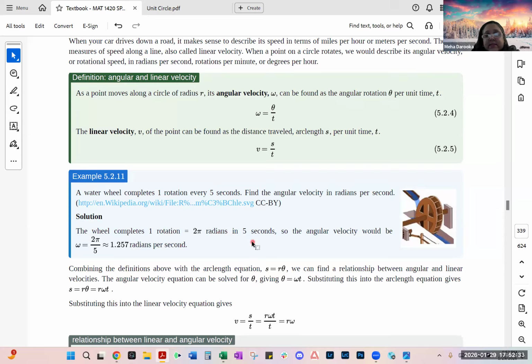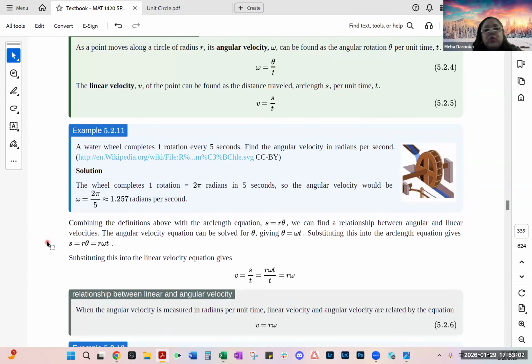They are telling us that the rotation takes 5 seconds, so that's our time. You take 2 pi divided by 5 seconds, and the angular velocity of the wheel is going to be 1.257 radians per second. This is just the speed at which the wheel is rotating.